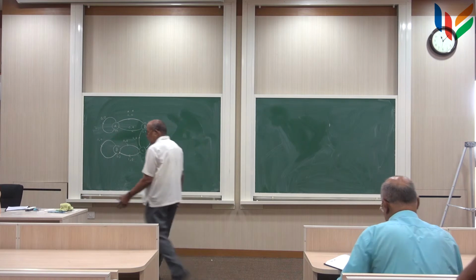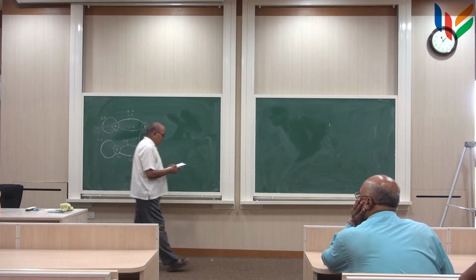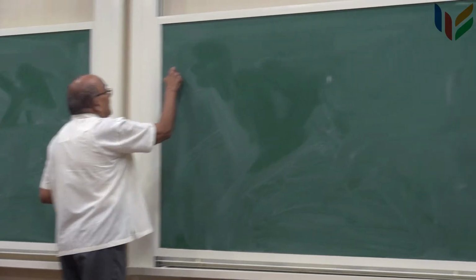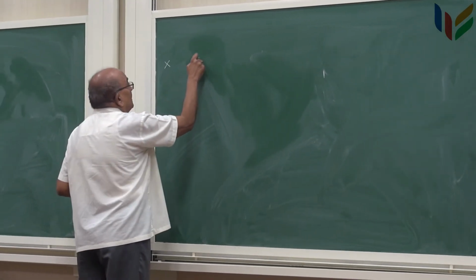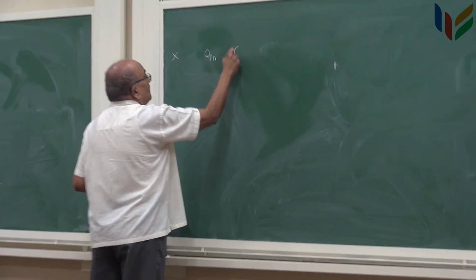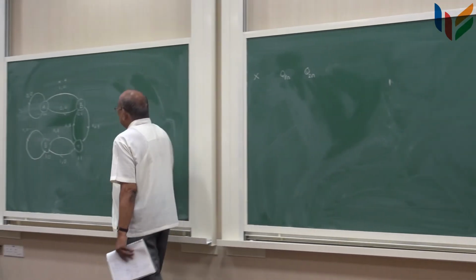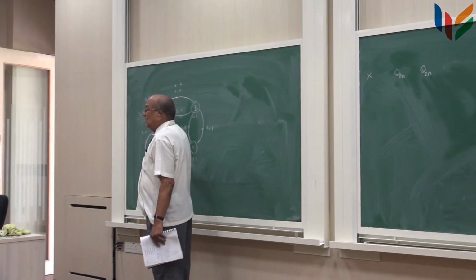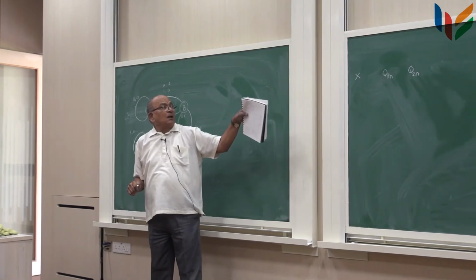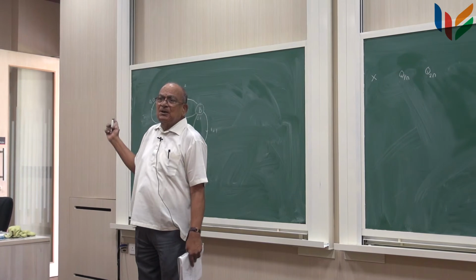Now I translate this into a table. We have x and the present state q1n, q2n. The q1n and q2n are the outputs of the two flip-flops, as we require two flip-flops to represent the state here.